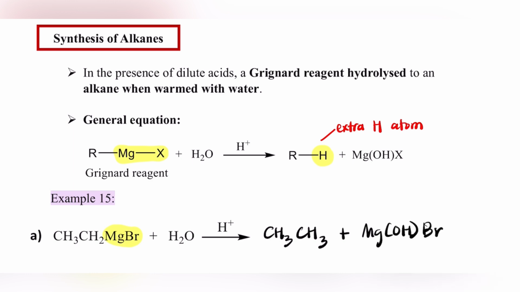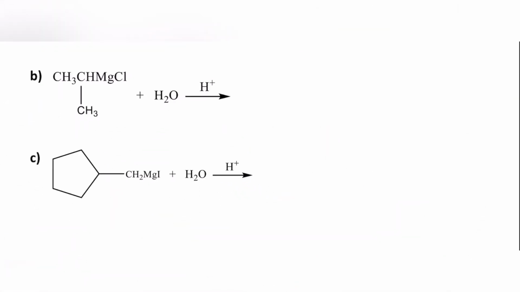So very easy. Next, I have my Grignard reagent in this form. What we're gonna do, focus to MgX. Your MgX here is this one. And then we are going to add one extra hydrogen for this carbon. So we are going to copy it back, CH3, CH, and then we put 2 here.